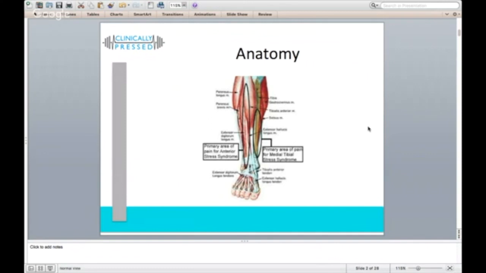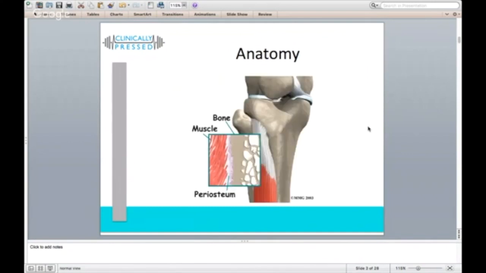The more common one, medial tibial stress syndrome, is on the inside of that tibia, right next to your calf, going right down the side, and that can range from just an inch or two of pain all the way down to the full border of the tibia on the medial side. So when we talk about differential diagnosis, here's just one part of it.